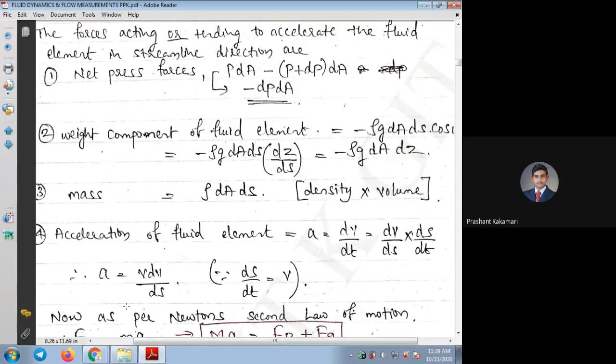So acceleration can be written as capital V into dV by ds.